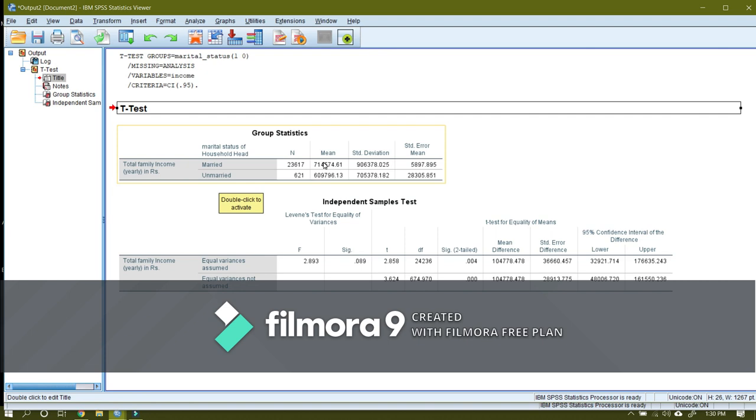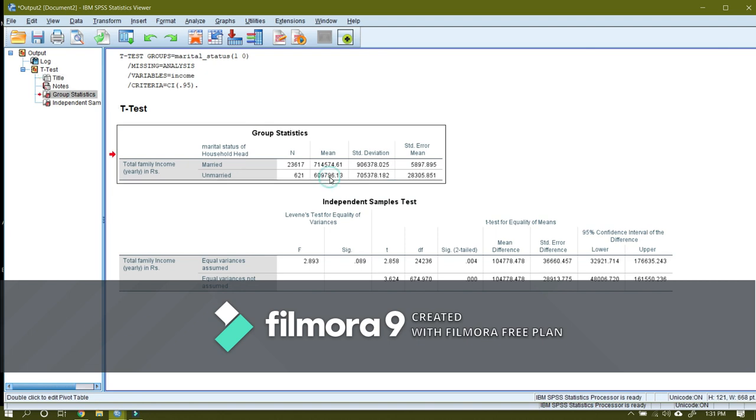These are the averages of the two groups, that is the mean for the married household heads, and that is the mean for the unmarried household heads. These are the standard deviations, and these are the standard error of mean.